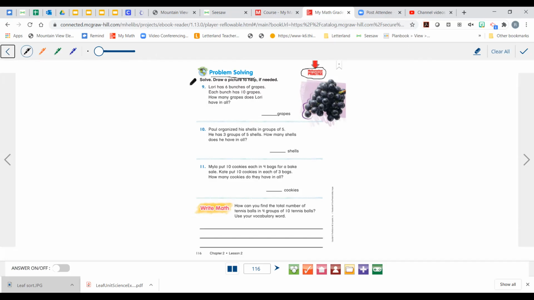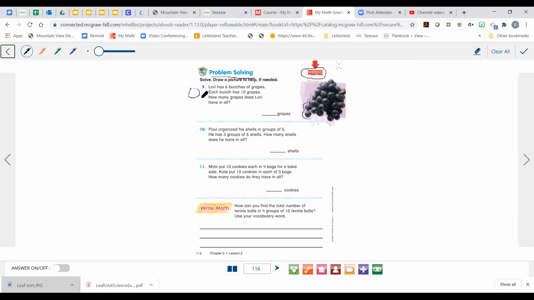So let me tell you a shortcut for this. So if you had to draw on this one 6 bunches of 10 grapes, and you were drawing 6 bunches, like this is a bunch, and you were trying to draw 10 grapes in each of those 6 of them, that'd take a long time.